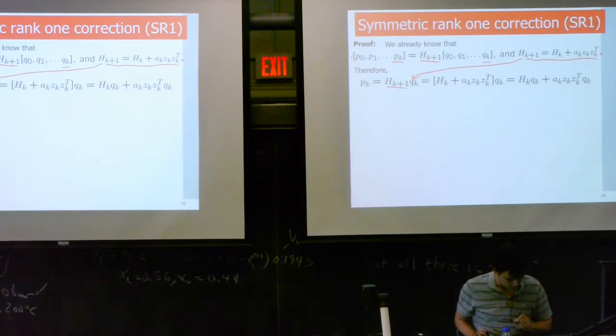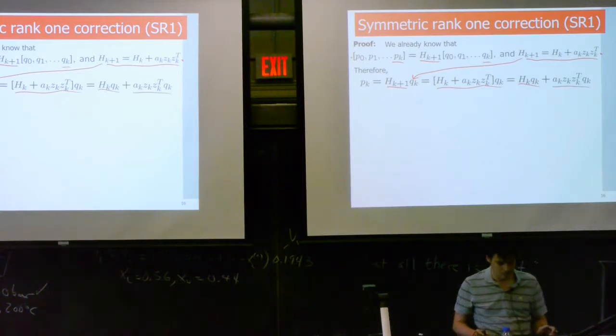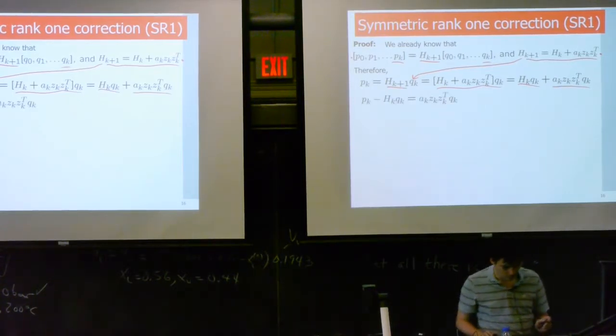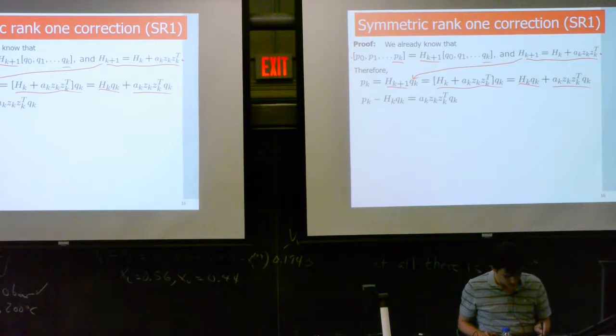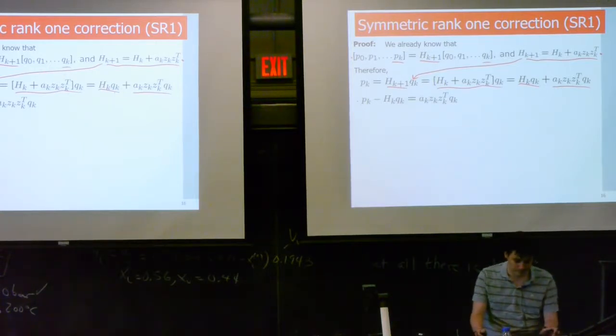So if we substitute H_{k+1} here, then we will get this expression. And of course, this is just H_k q_k plus this term. Okay, if I remove H_k q_k from both sides, then we have this expression.